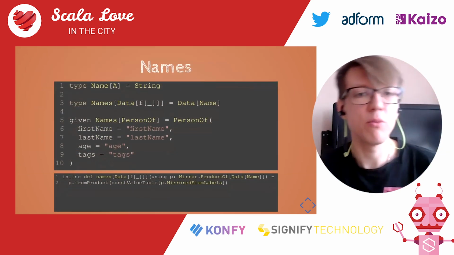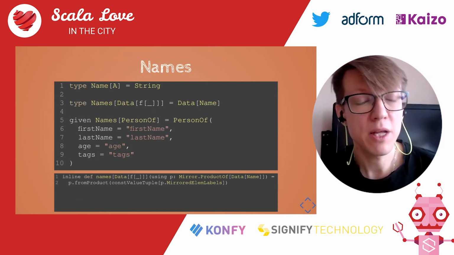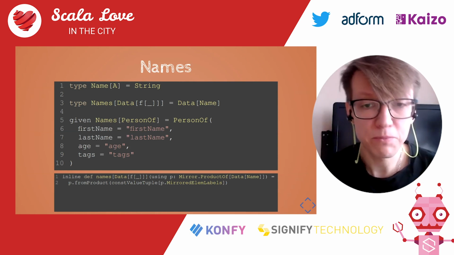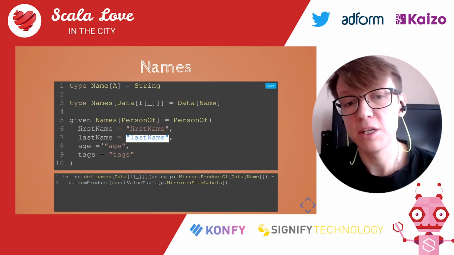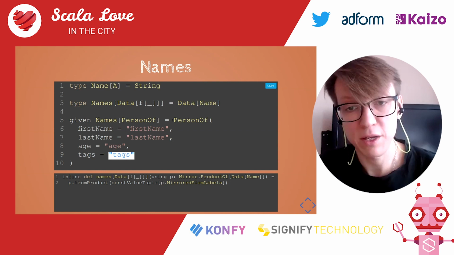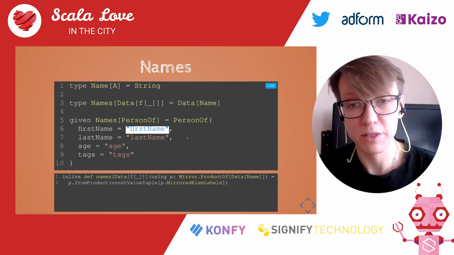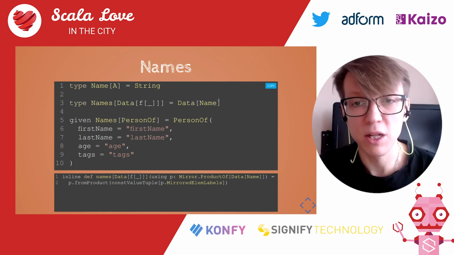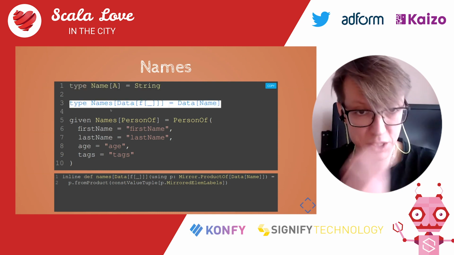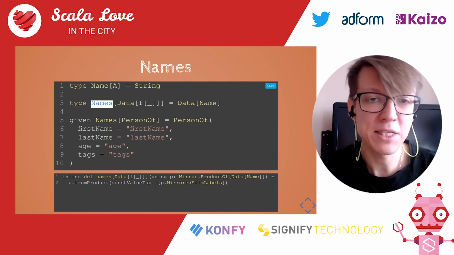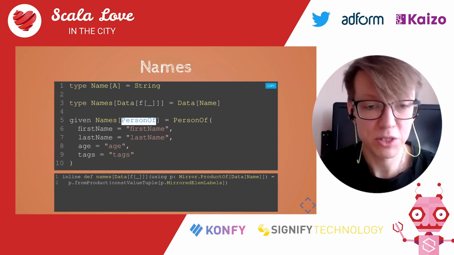So let's start from the simplest routine. Let's think we need to fill every field of our data structure with its exact name. So we need to construct this structure that consists of field names for corresponding fields. We can create a special type constructor for that. We call it Name. We call names a special type class-like implicit instance of our person.